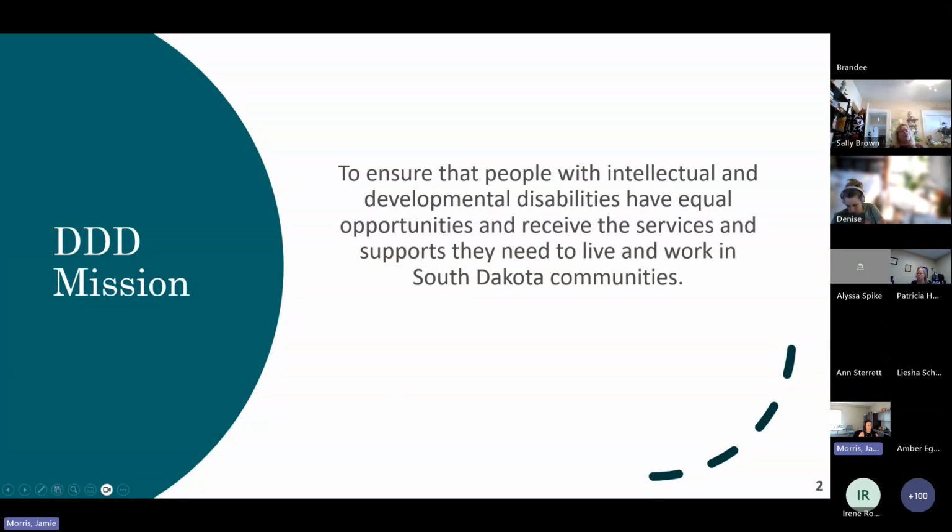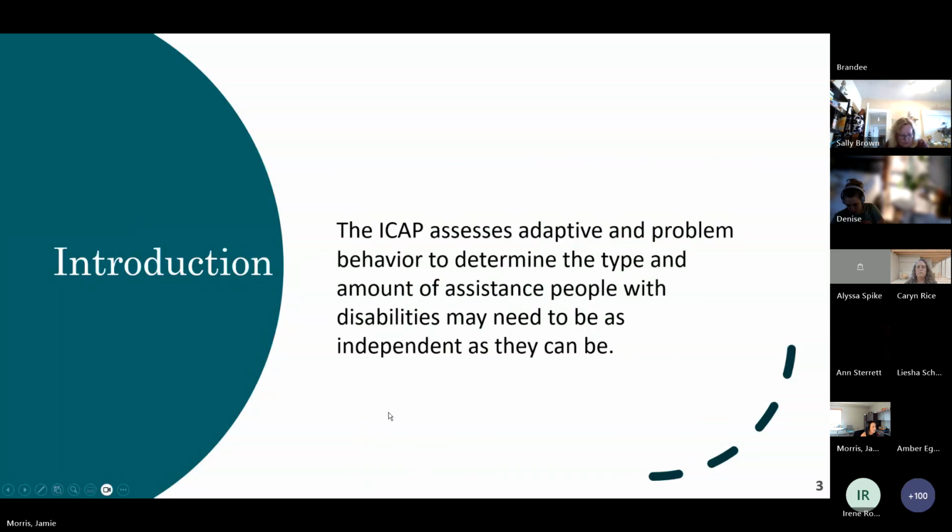The first slide here is our mission, which is to ensure that people with intellectual and developmental disabilities have equal opportunities and receive the services and supports they need to live and work in South Dakota communities. The ICAP was designed to look at the adaptive skills and problem behaviors that an individual may be experiencing during their supports and services.